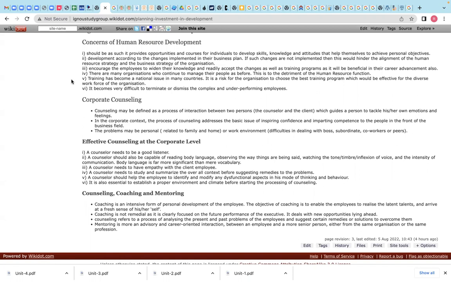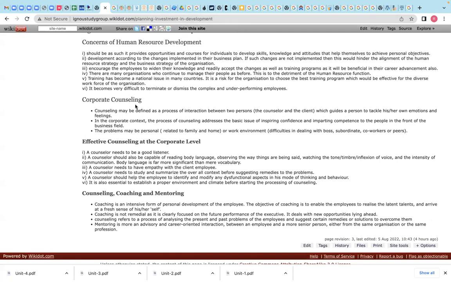He should be able to summarize whatever is told, and also suggest remedies for those problems. He should help employees with their thinking and behavior, and in case of any dysfunctional aspects, he needs to correct them. It's essential to establish the proper environment so that people can start to talk.